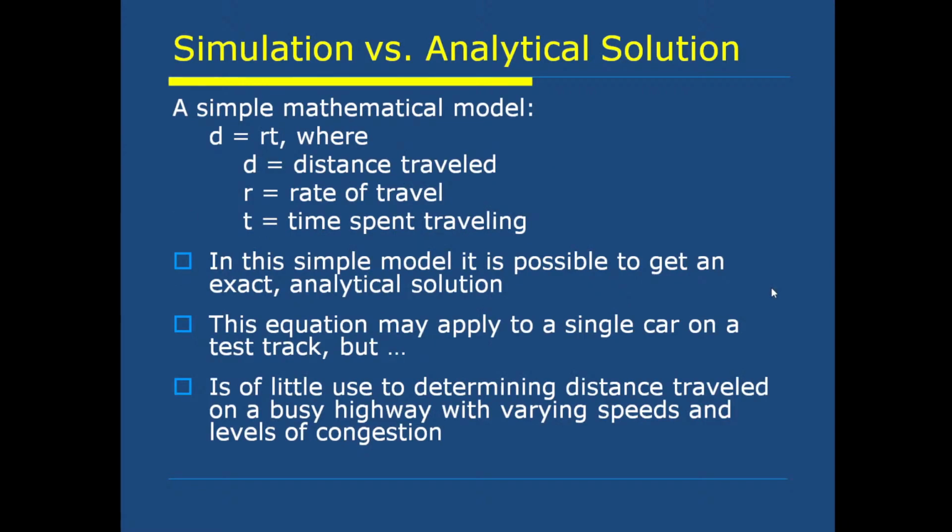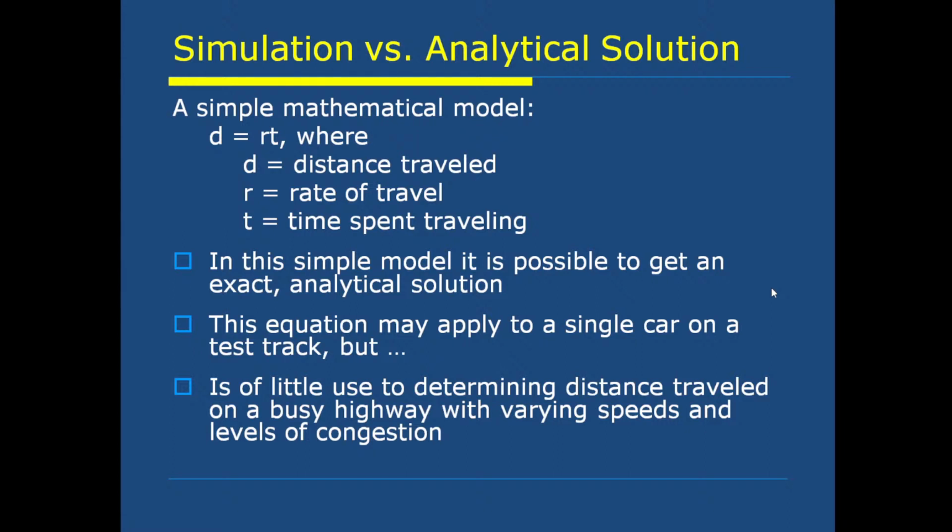At this slide, you see an example of a simple mathematical model. As usual, for mathematical models, we use a set of equations or mathematical formulas to describe the real process or real object.